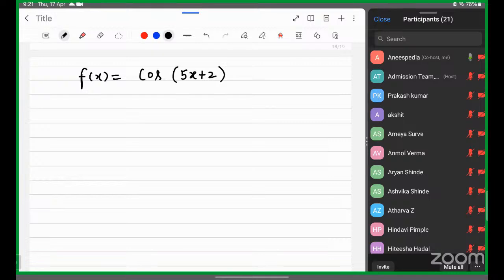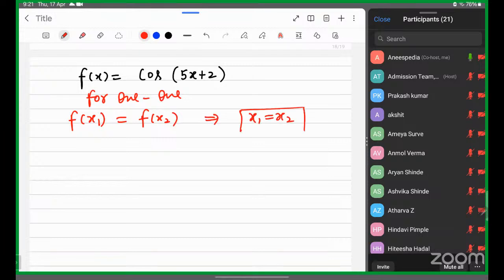Will it be 1-1 or not? So for 1-1, we have a concept which is we will take f of x1 is equals to f of x2 and we will try to solve it. If we get x1 equals to x2, the function will be 1-1. Otherwise, it will be many-one.